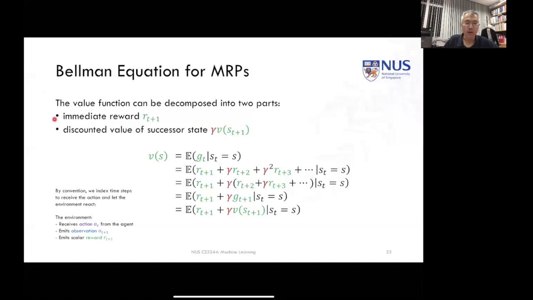We've got the immediate reward for being in that particular state that we receive when we move out of that state, plus the discounted value of the successor state, being in a new state at t+1, whatever value that has, discounted by our discount factor.